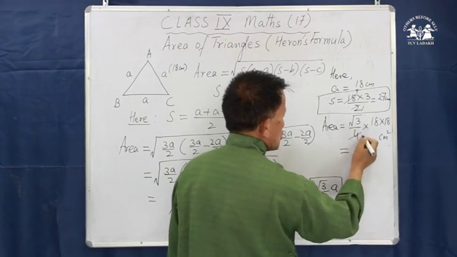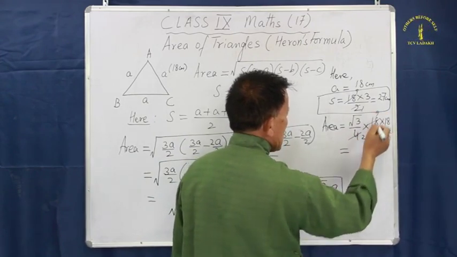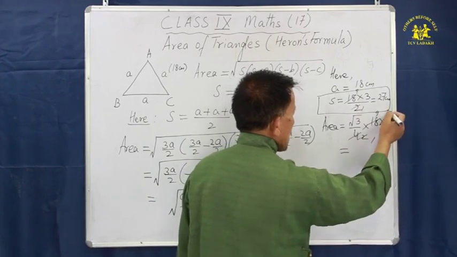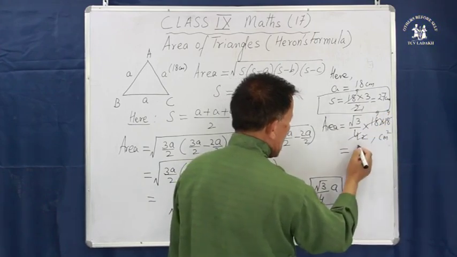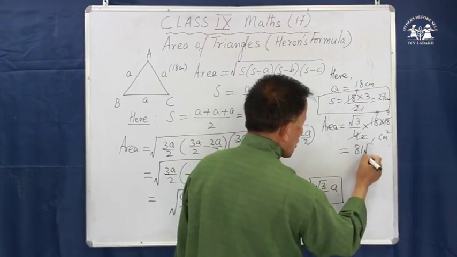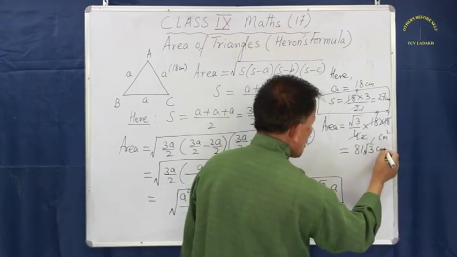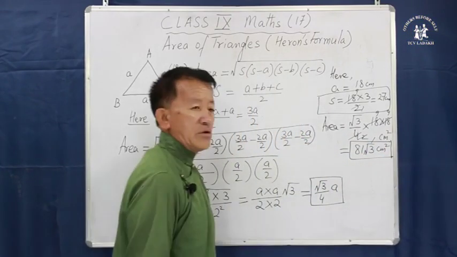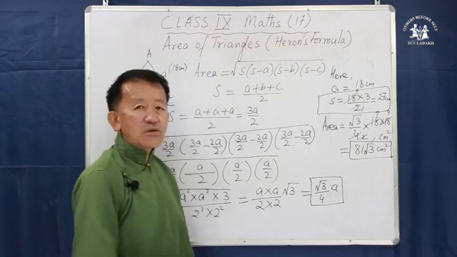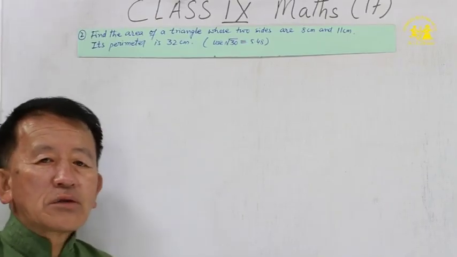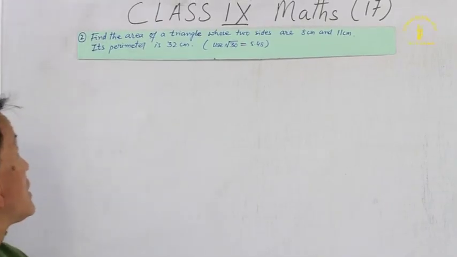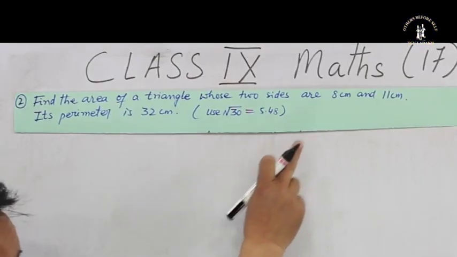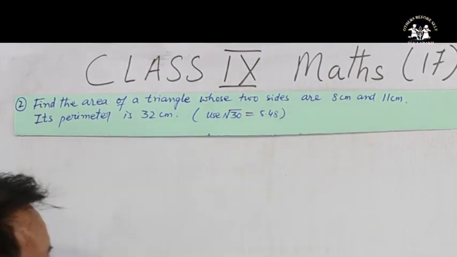So you'll get 2 2s are 4, 2 9s are 18, 9 9s are 81 square root of 3 square centimeters. So this is the area of the equilateral triangle.